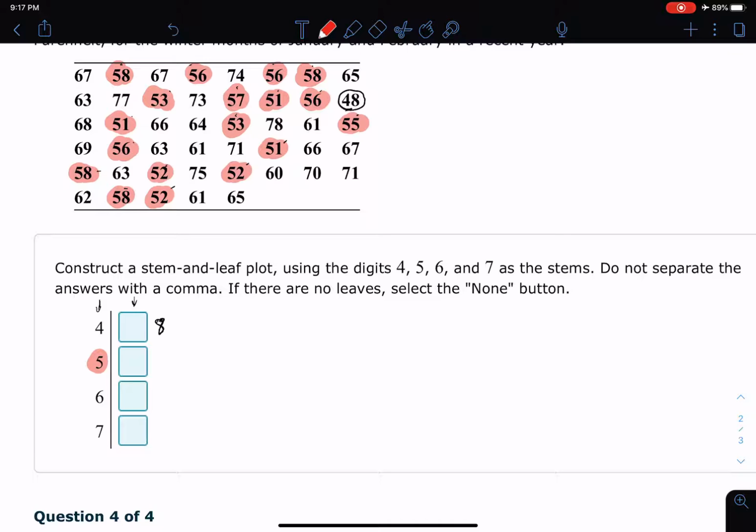So I'm going to just go ahead and tick mark these guys. There's an 8, then there's a 6, then there's a 6 and an 8, then I've got 3, 7, then I've got 1, 6, 1, 3, 5, 6, 1, 8, 2, 2, 8, 2.